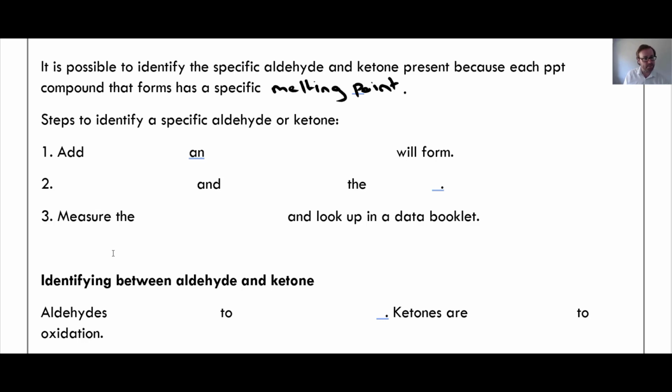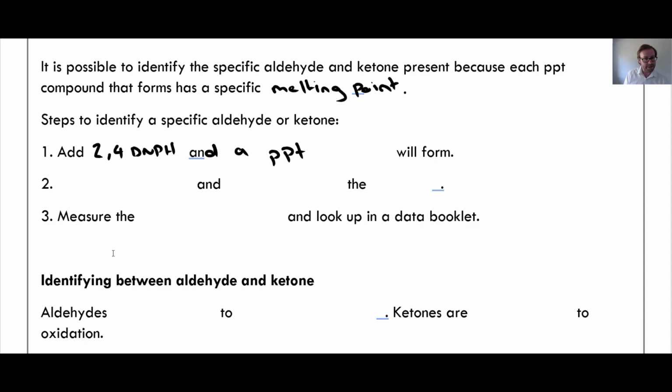First of all, add 2,4-DNPH and a precipitate will form, an orange, yellow, or maybe red precipitate.